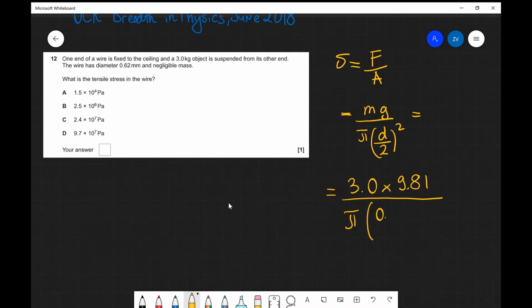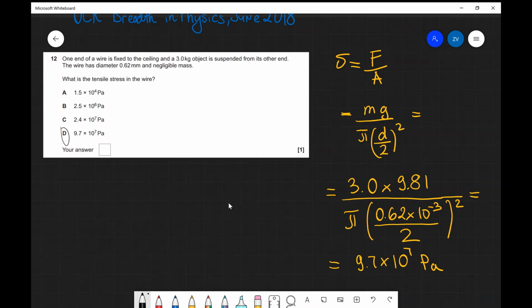It's going to be 0.62 times 10 to the power of minus 3 divided by 2, and then all of this is squared. So we have to be quite careful how we input this into our scientific calculator, and if we do this correctly, we're going to get approximately 9.7 multiplied by 10 to the 7 pascals, which leads us to the correct answer being D.